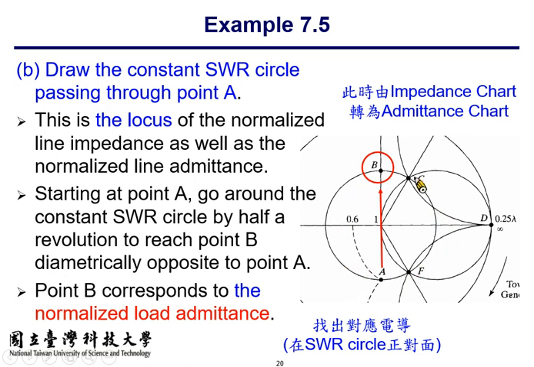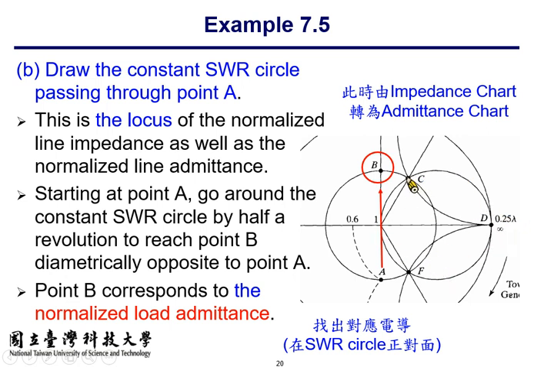Our objective is to have an intersection with the constant conductance circle, that is the G equals 1 circle. On this plot you can see that you have two opportunities to make an intersection with the unit G circle.